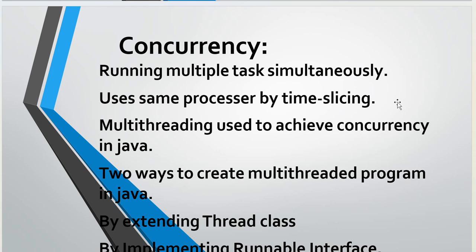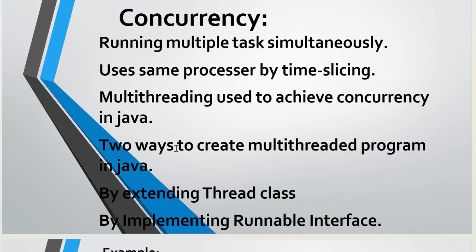Once one thread uses its time, it will automatically release the processor, and another thread will use the same processor. So multithreading is used to achieve concurrency in Java. Concurrent processing will be achieved by the multithreading concept.